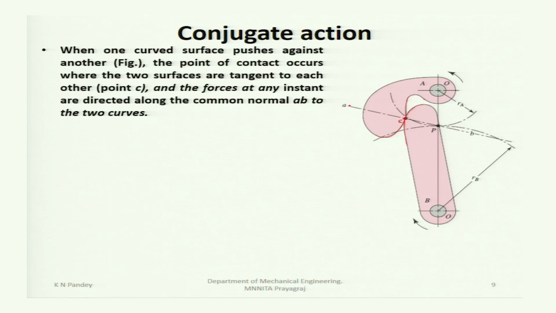And the forces at any instant act along the common normal of these two surfaces at the point of contact. So, this line AB is the common normal at the point of contact.